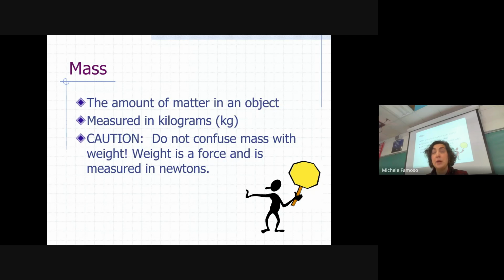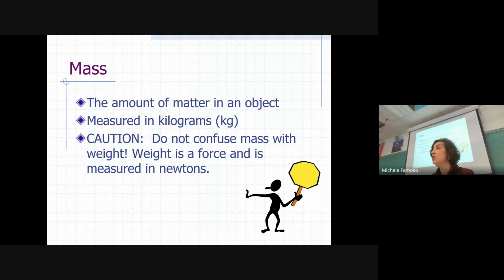I'll give you a little bit of a break early on, but I have to correct you whenever you misuse the term weight or mass. Mass refers to how much stuff is inside of you. Your weight is referring to the earth pulling on you because you have mass. So they are related, but they don't mean the same things.